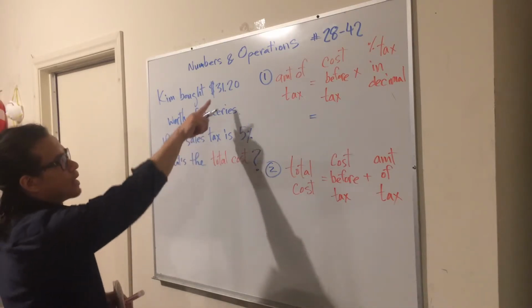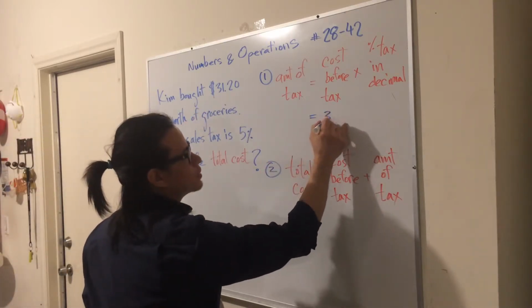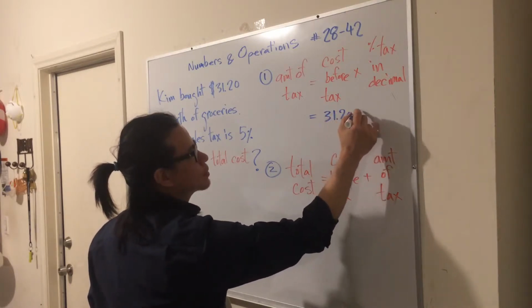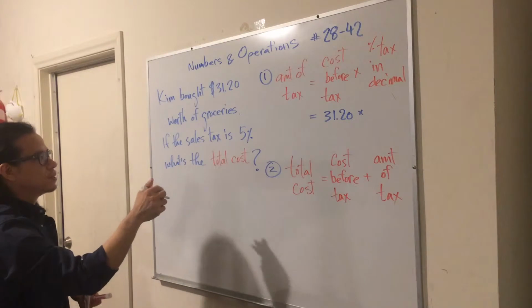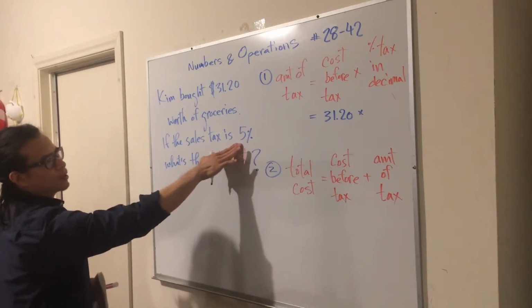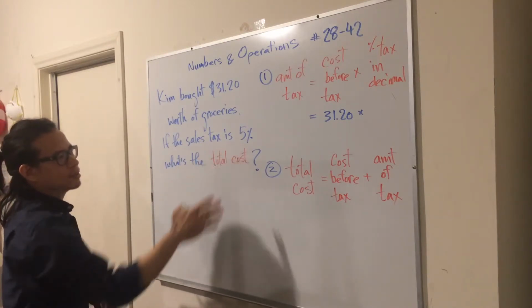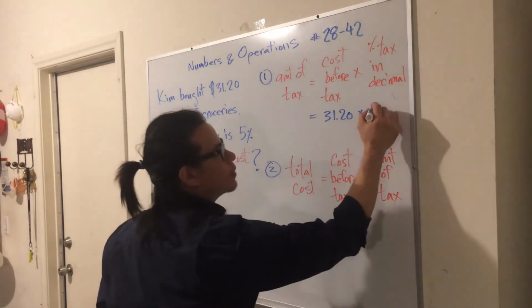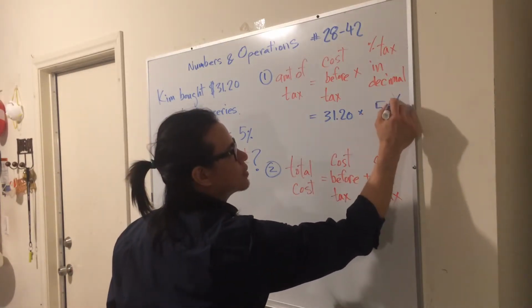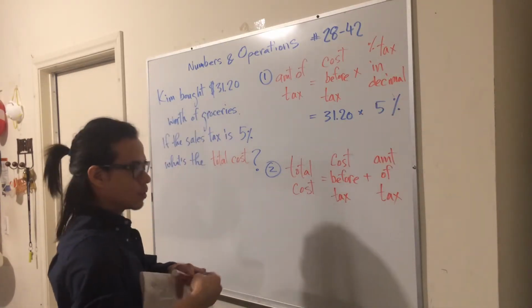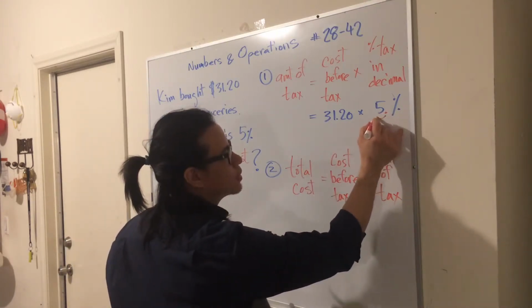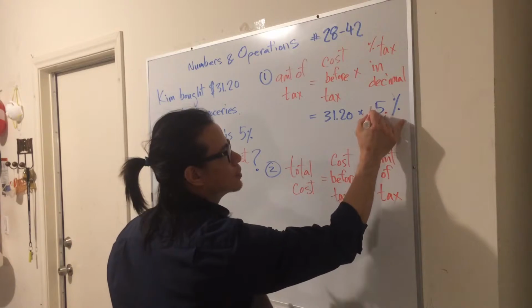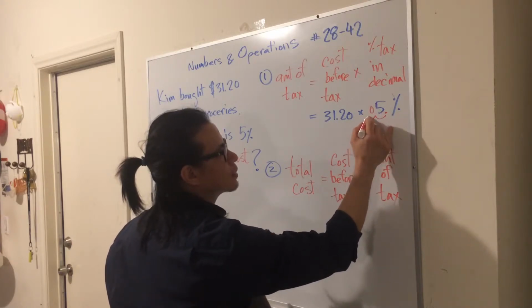The cost before tax is $31.20. Multiply that by the percent tax in decimal. So here the tax percent is 5. So 5% in decimal, we are going to need to move the decimal point 2 places to the left.